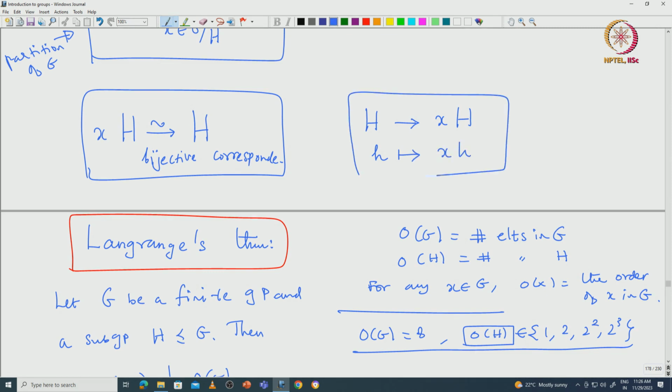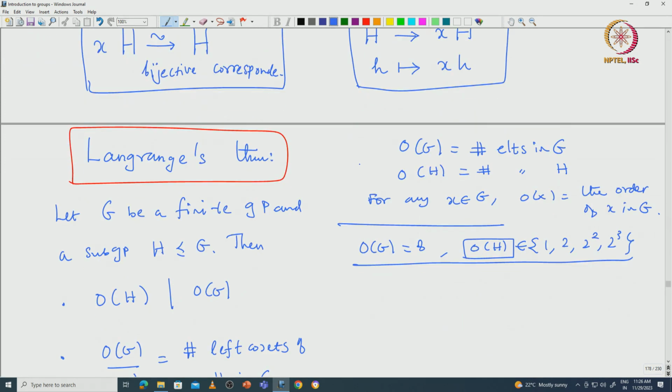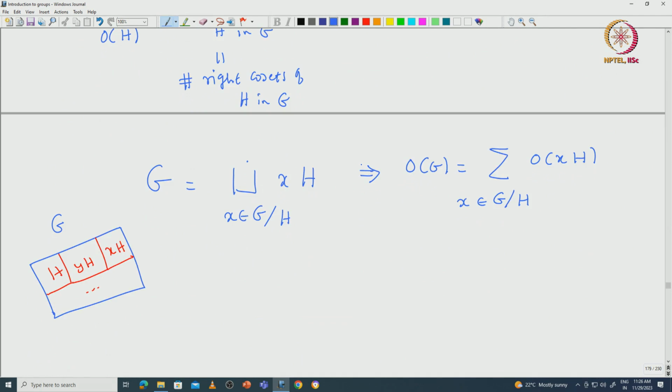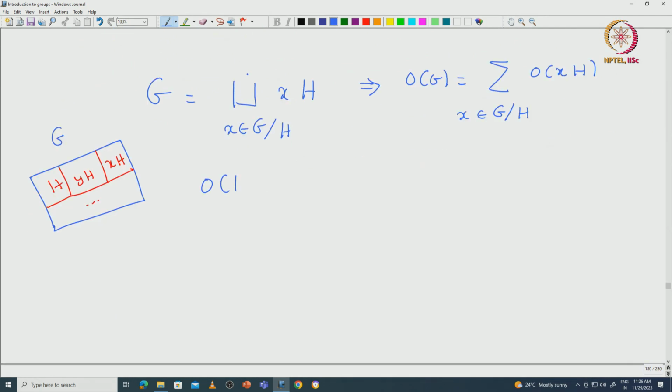So, this is a bijective correspondence between H and xH. That means the order of H is the same as the order of xH, and this is true for all x in G.